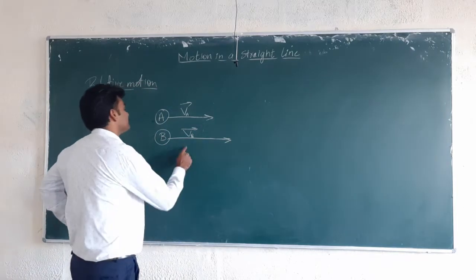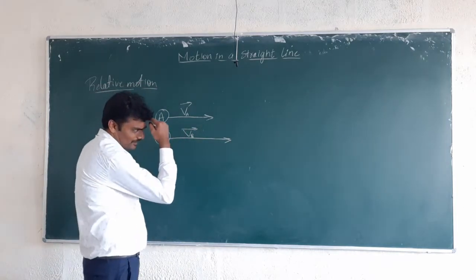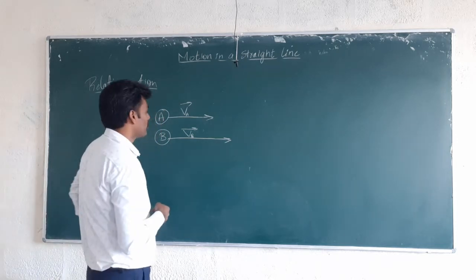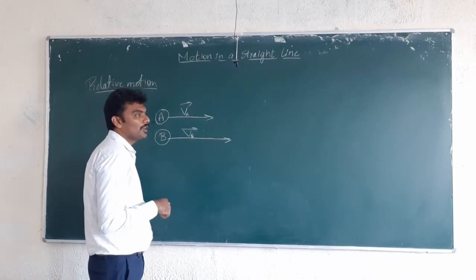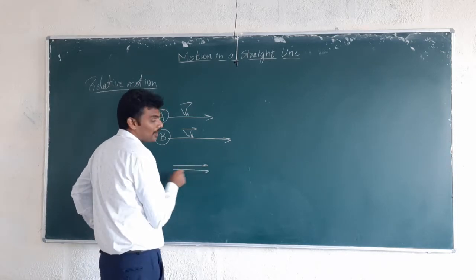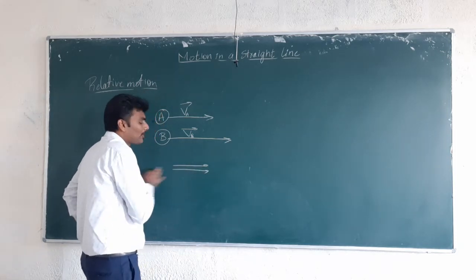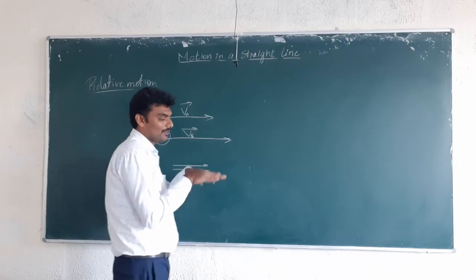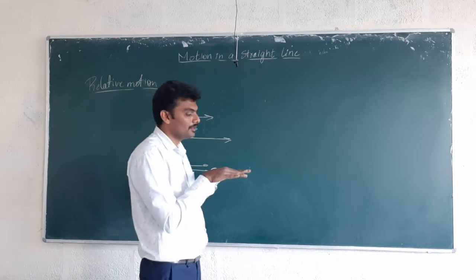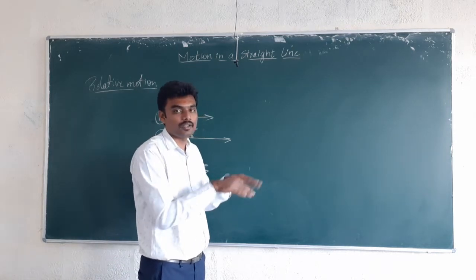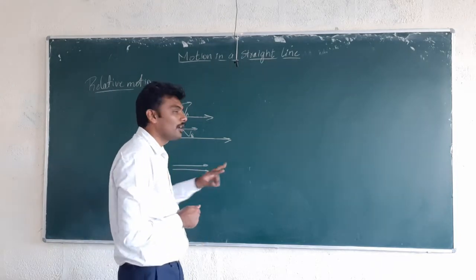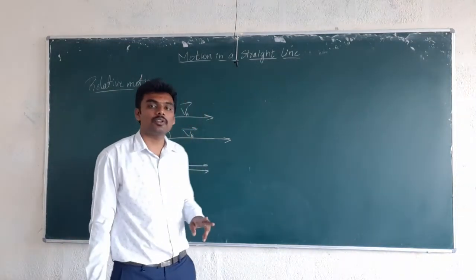So now, once again we can see two different possibilities. Even though two bodies are moving in the same line, say two cars on the same road, or two trains on nearby tracks, in such a situation we see that there are two possibilities with the motion.